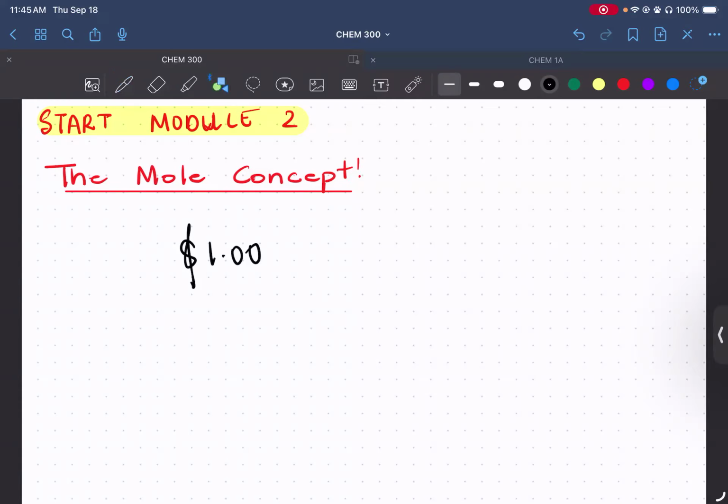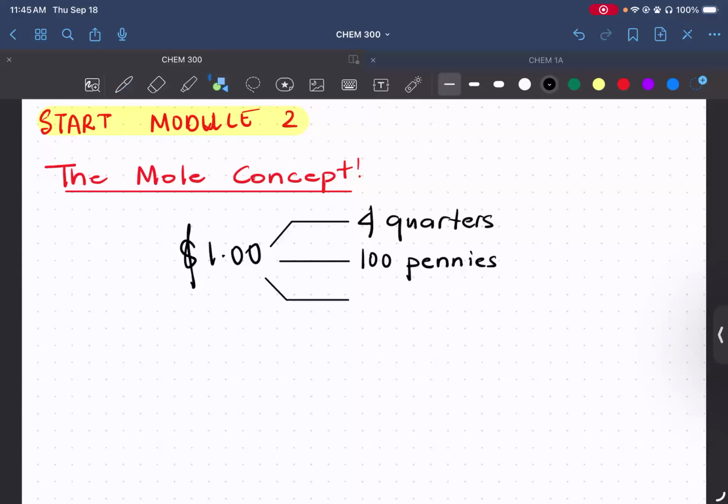Hell, we can make the argument that $1 is also 4 quarters. We can make the argument that $1 is 100 pennies. We can make the argument that $1 is 10 dimes, and that $1 is also 20 nickels. These are different ways of saying the same thing, $1.